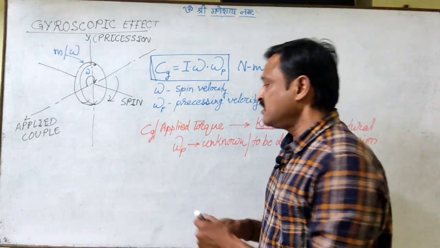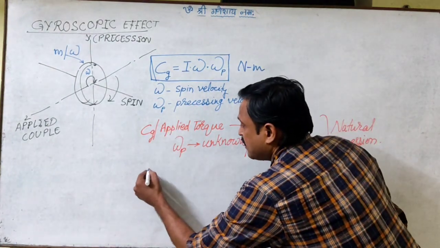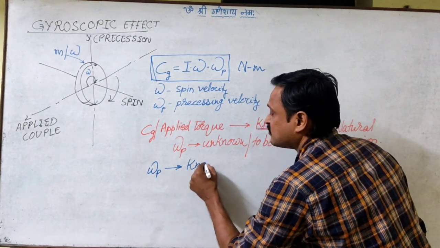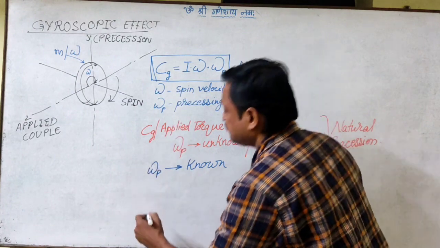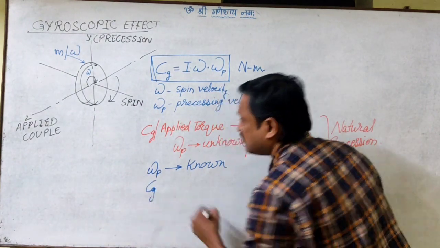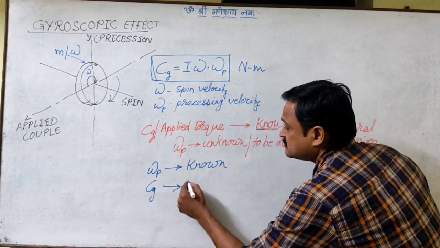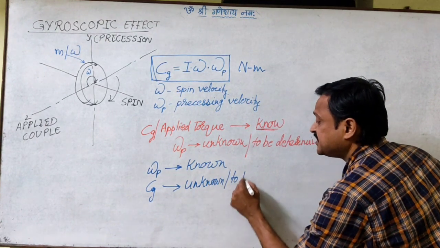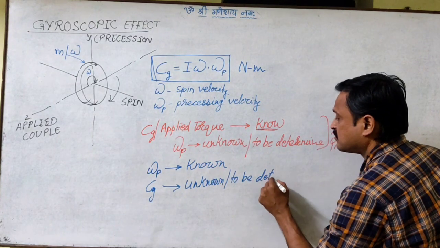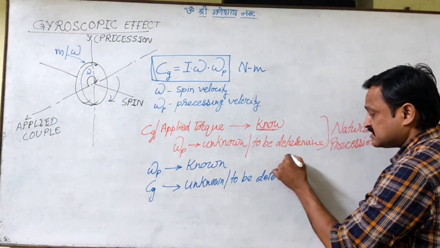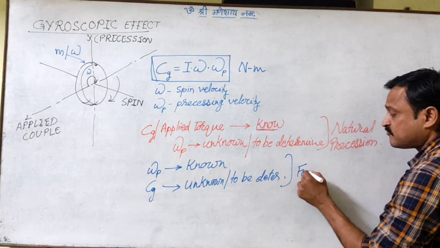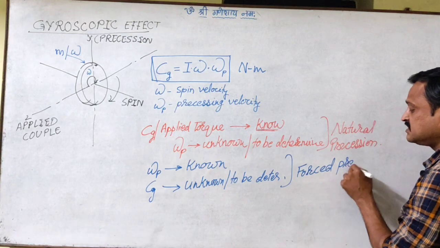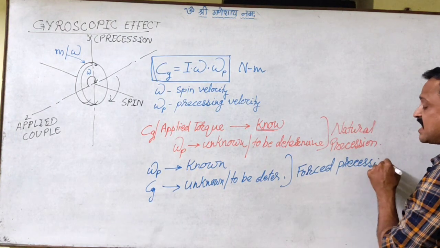When omega p, the precession velocity, is known, and this gyroscopic couple is unknown or to be determined in the problem, then this condition is the forced precession condition or a forced precession system. This is how we can identify it.